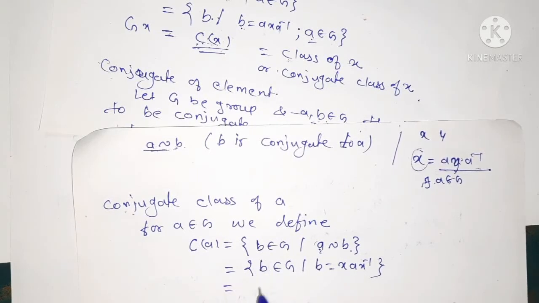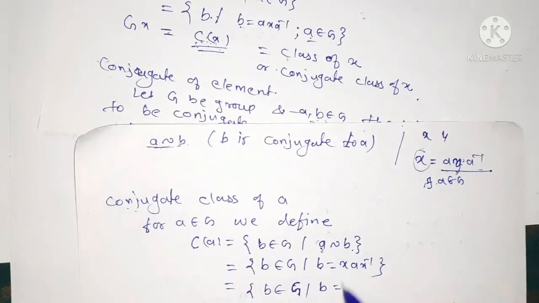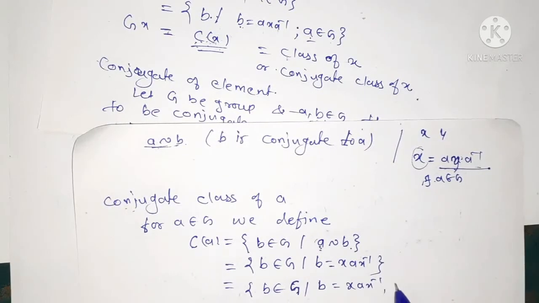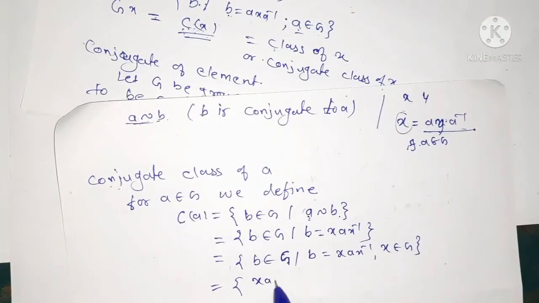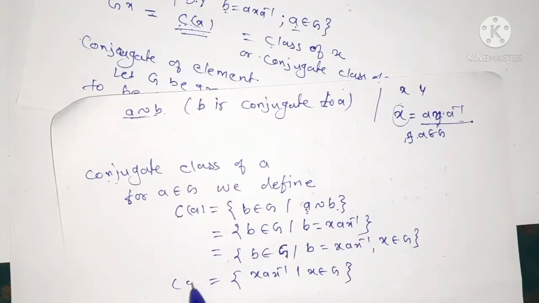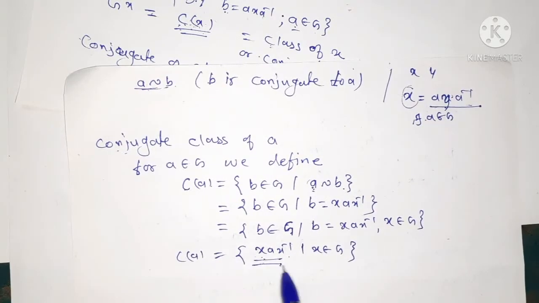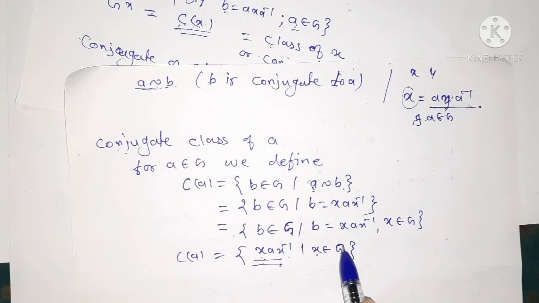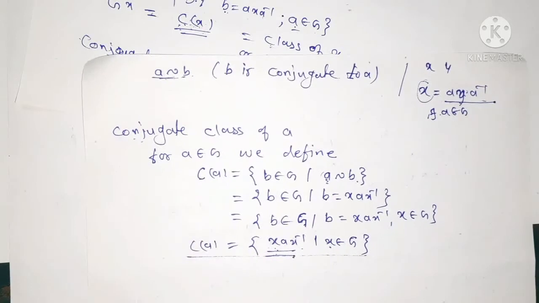Therefore we can write the set of all B belongs to G such that B is equal to XA X inverse, where X belongs to G, and therefore this is the set of all XA X inverse such that X belongs to G. So the conjugate class of the element A is nothing but the set of all elements of this form, XA X inverse, where X is an element of the group G. This is called the conjugate class of A.